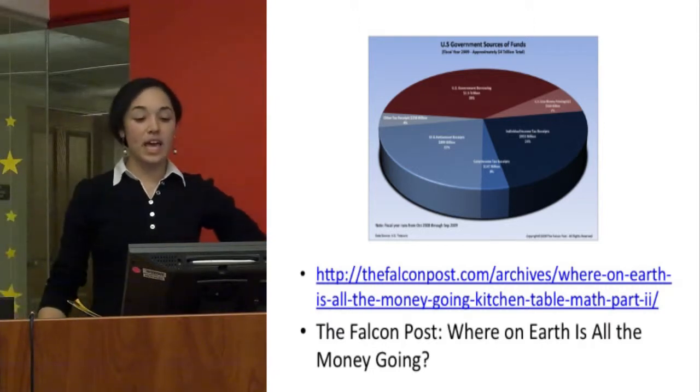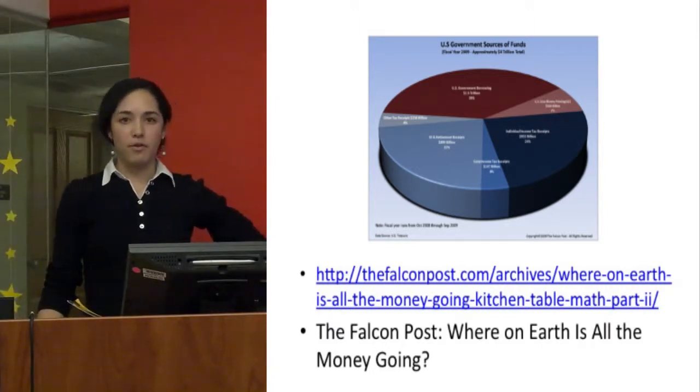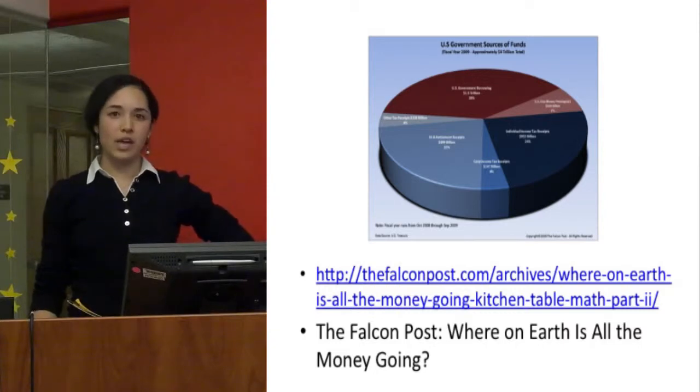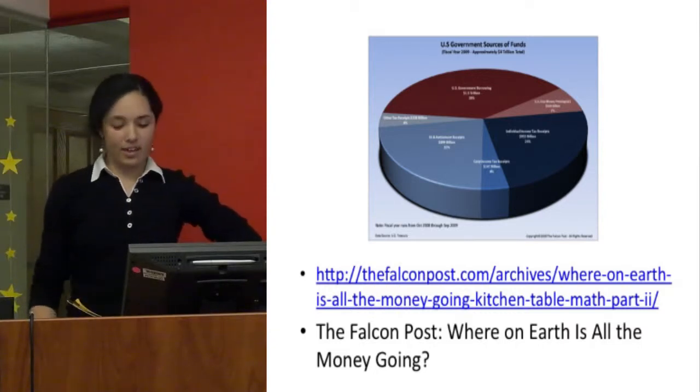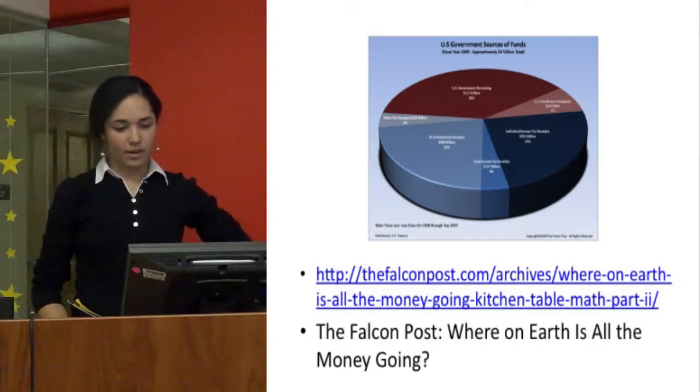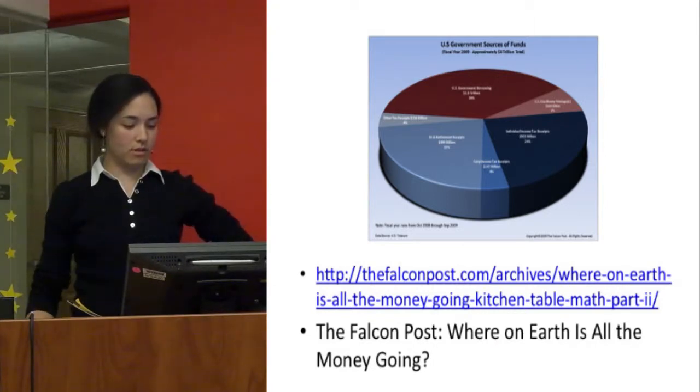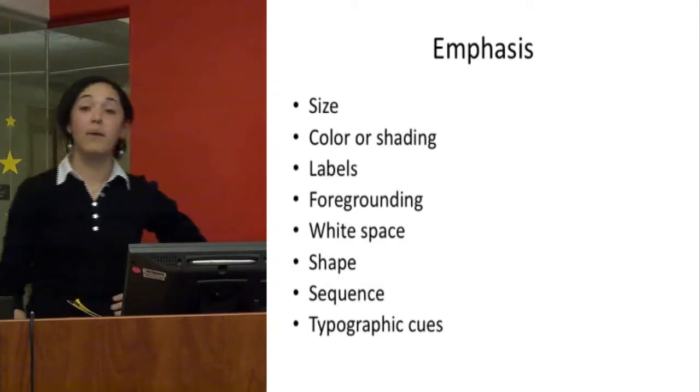And it's basically a pie graph of where the U.S. government gets its funding. So first we're going to look at emphasis.